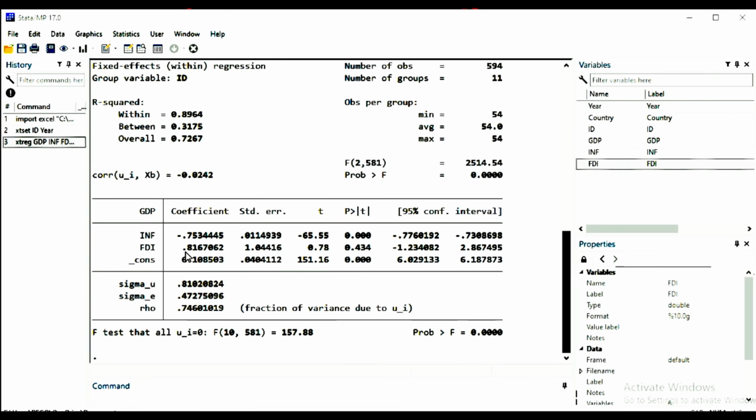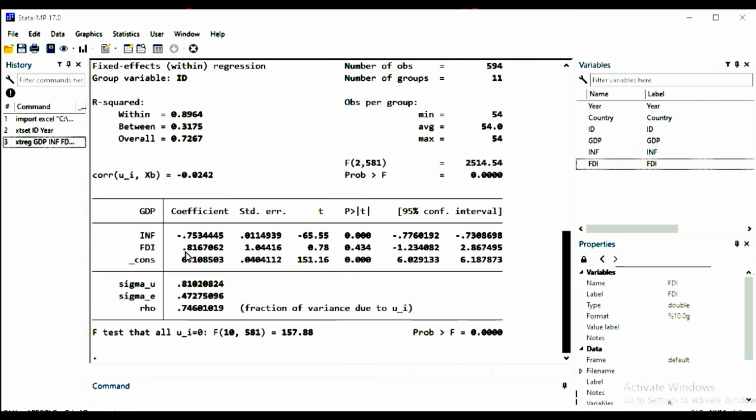This strongly justifies our use of fixed effects analysis in the context of our datasets. Obviously, about 74% of the variation in GDP is coming from country fixed effects. Therefore, our use of fixed effects analysis is justified.